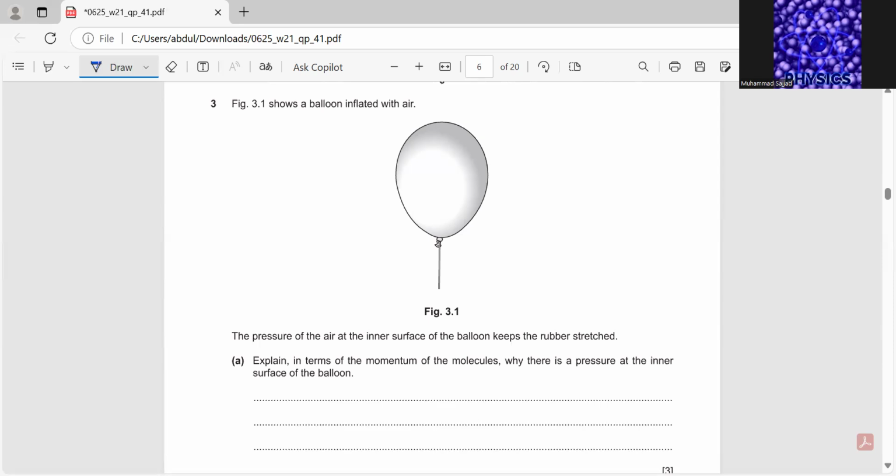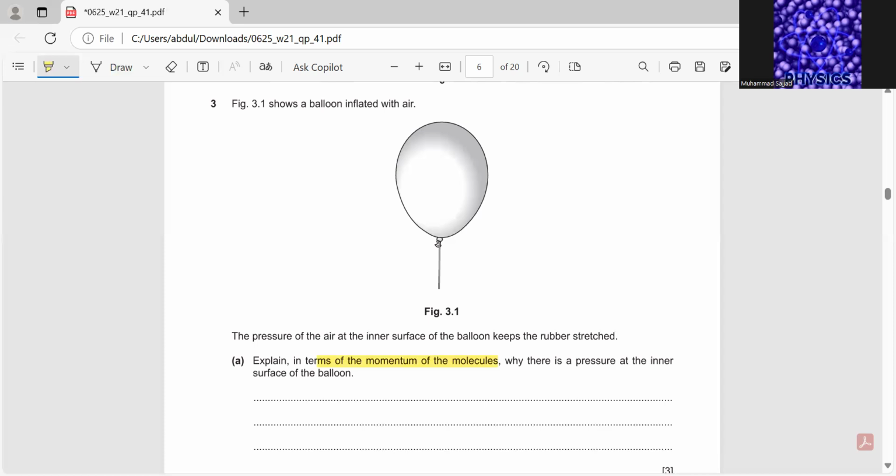In terms of momentum, very common. Every time, the air molecules hit the walls of the balloon and rebound. When they rebound, bounce back, it means their direction is changed.